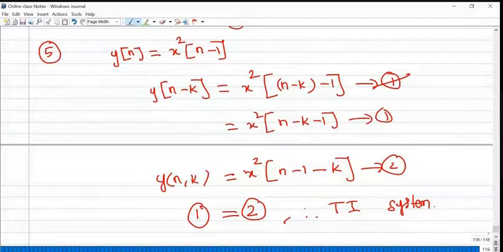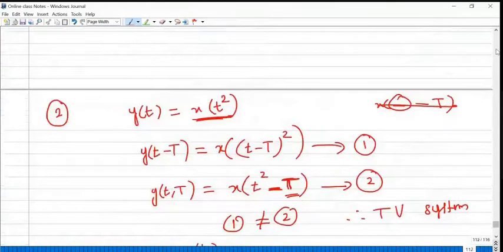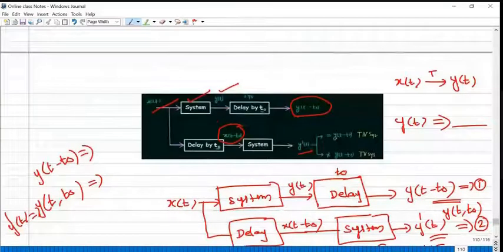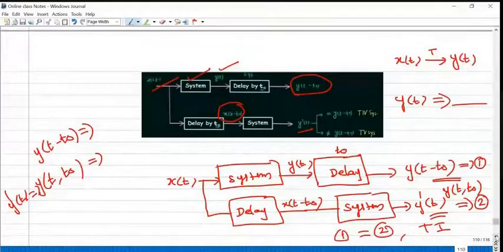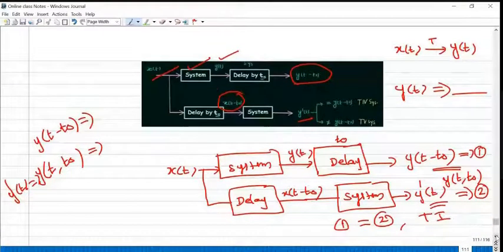Okay, so understand these particular blocks. For verification of whether the system is time variant or time invariant, x of t to the system gives output y of t. Assume our y of t is delayed by some time.